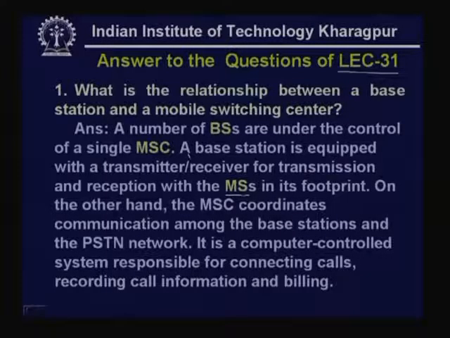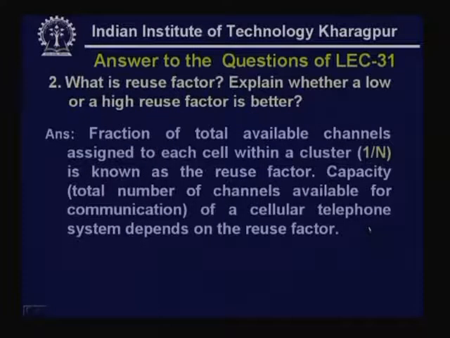On the other hand, the MSC is the master that coordinates communication among base stations and the PSTN network. It is a computer controlled system responsible for connecting calls, recording calls and also doing the billing.